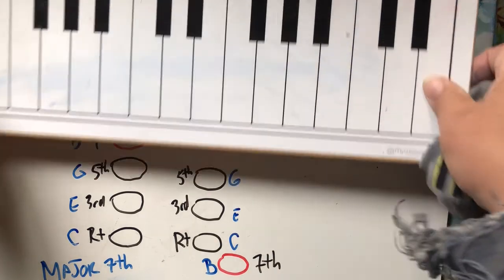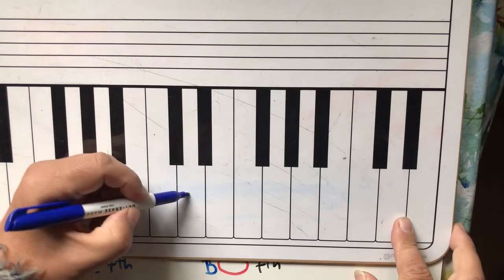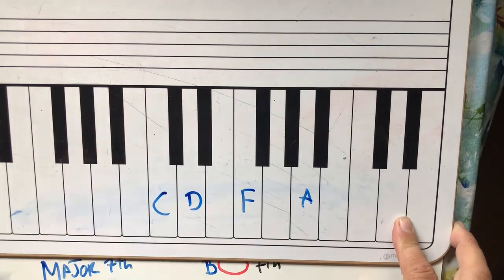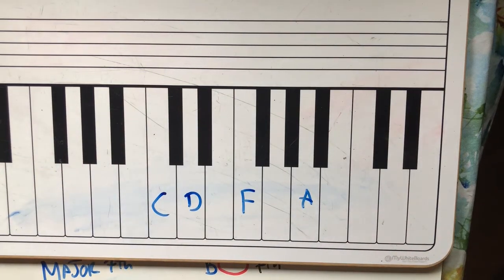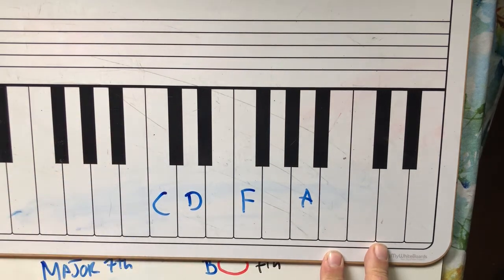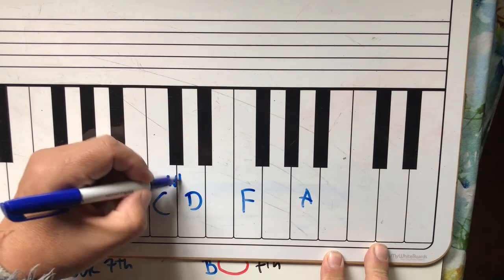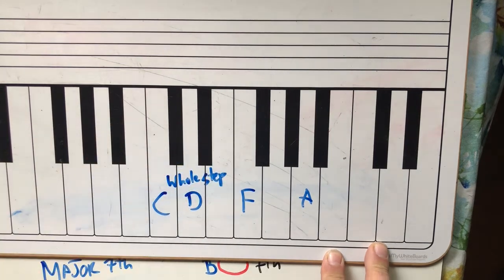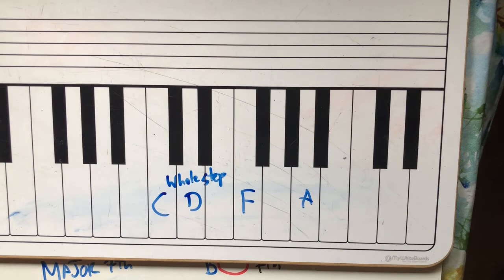Let's go back to our keyboard here. If I have a D chord, D, F, A, and I grab my seventh right there, C, we can see that this is down 1, 2 half steps, which is a whole step down, right? That has a different name.